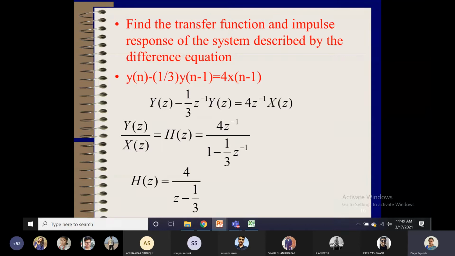We will need to multiply and divide by z to get it into standard form first. You are telling z upon, you will multiply and divide by z. Is it required? To get it in standard form, then we can use one of the standard inverse transformations. Which is that standard one?